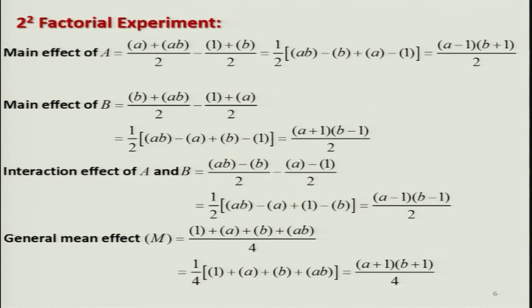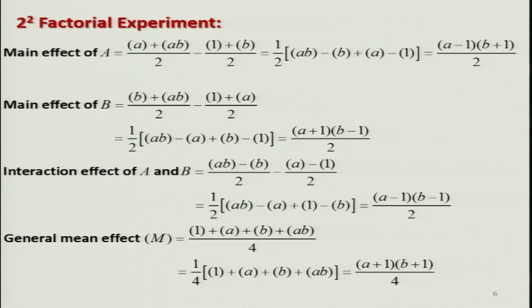We had found the main effect of nitrogen, the main effect of irrigation, the interaction effect of irrigation and nitrogen, as well as their general mean effect. And based on that, parallelly, we had expressed all those treatment combinations in terms of 1, A, B, and AB.